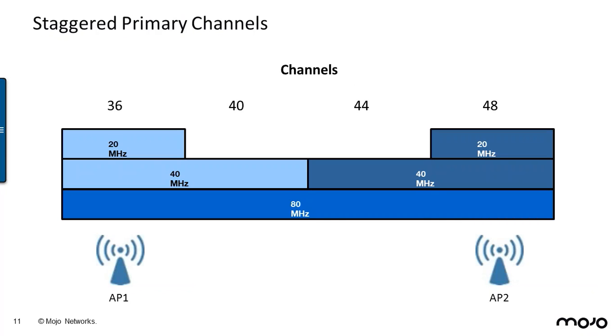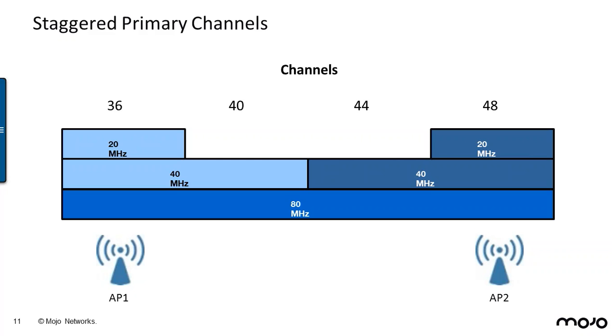Now, as far as how you configure the channels, or how your auto channel will configure the channels, if you're going to use 80 megahertz channels, even if you're using 40, you want to statically configure staggered channels, or you will rely on your auto channel to do that for you.